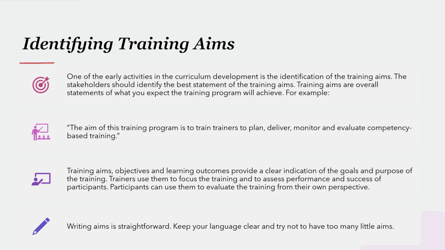Training aims, objectives, and learning outcomes provide a clear indication of the goals and purpose of the training. So this will help us to achieve our goals and of course the purpose of that particular training. So trainers use them to focus the training and to assess performance and success of our participants, which is our main goal. The success of our participants, of our trainees, wherein after they attend your training, they must be fully satisfied, no?